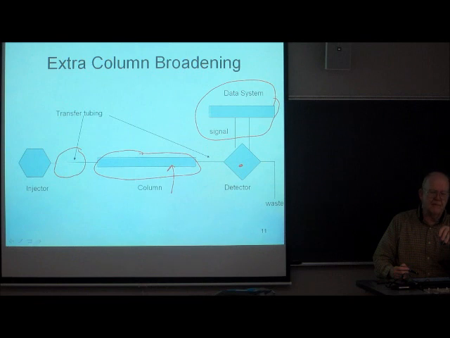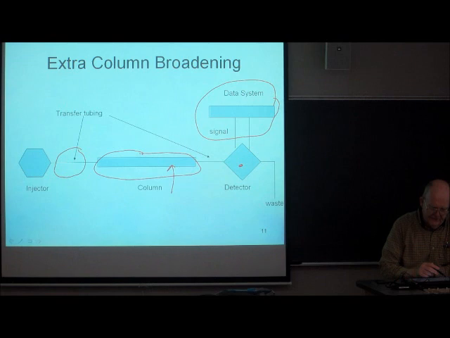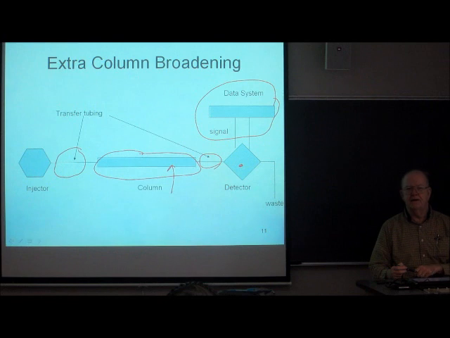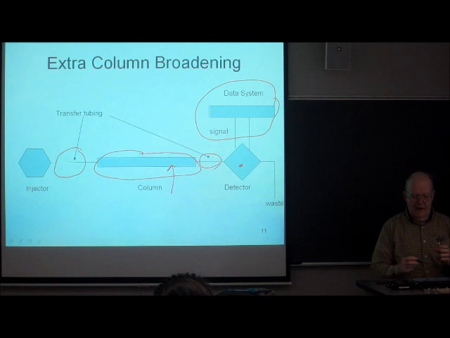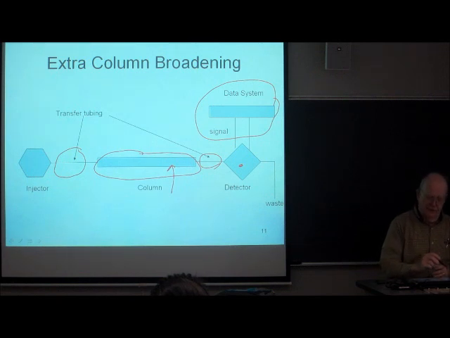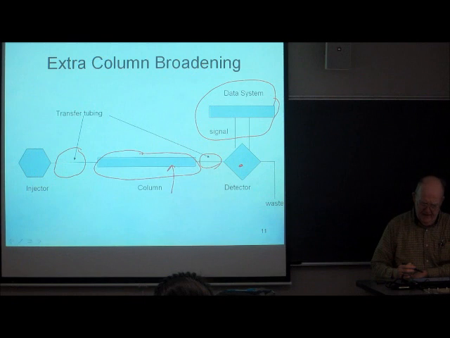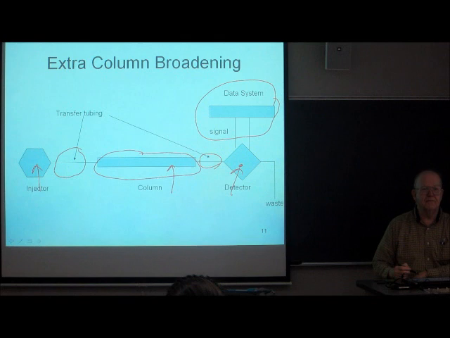If the volume of your transfer tubing, either between the injector and the column or between the detector and the column, is too big, that can screw up your separation. There's more chances to lose here than there are to win. You have to understand the interactions between the injector, the column, and the detector, and the column, and the transfer tubing and the column. And we're going to talk today about the injector and the detector.